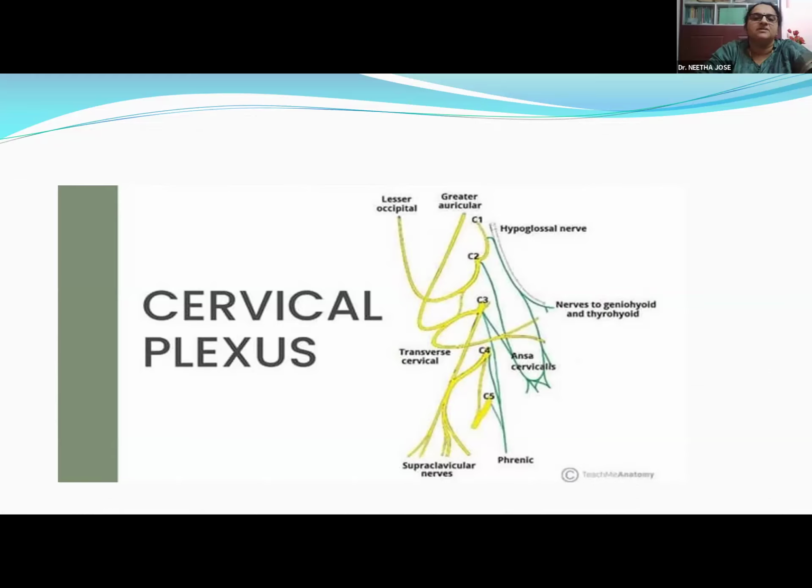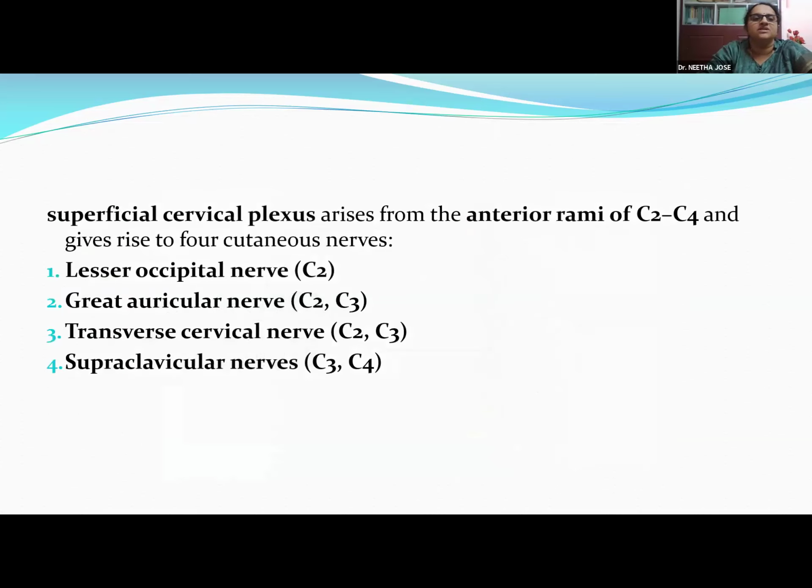Then a few words about the ansa cervicalis. This is a neural loop in the neck formed by connecting the superior root from C1 and the inferior root from C2 and C3. This innervates the infrahyoid muscles. As I already told, the superficial cervical plexus arises from the anterior rami of C2 to C4 and has 4 cutaneous nerves.